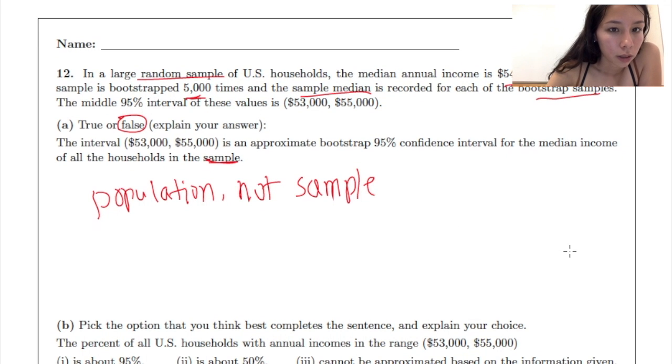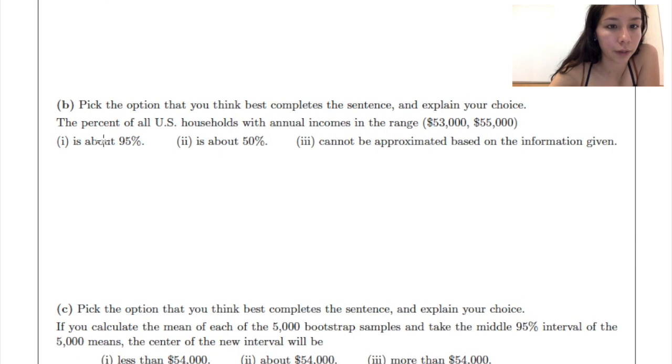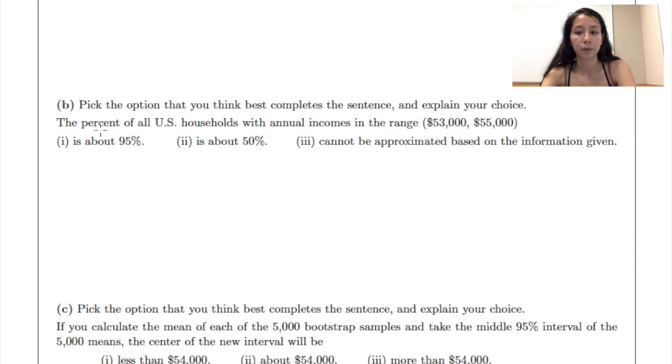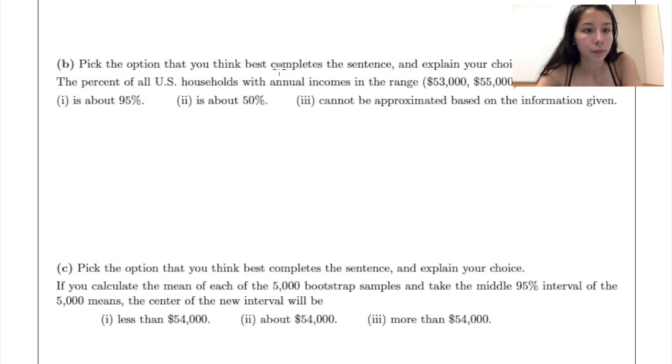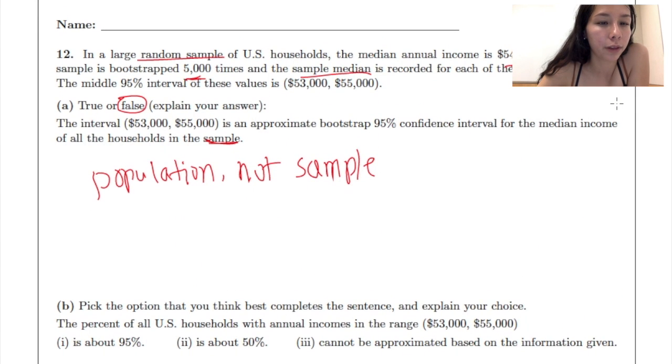Okay, so part B is to pick the option that you think best completes the sentence and explain your choice. It says, the percent of all U.S. households with annual income in the range of 53,000 to 55,000 is either 1, about 95%, 2, about 50%, or 3, cannot be approximated based on the information given. So this is actually just going to be a bootstrap confidence interval for the median income of the population.